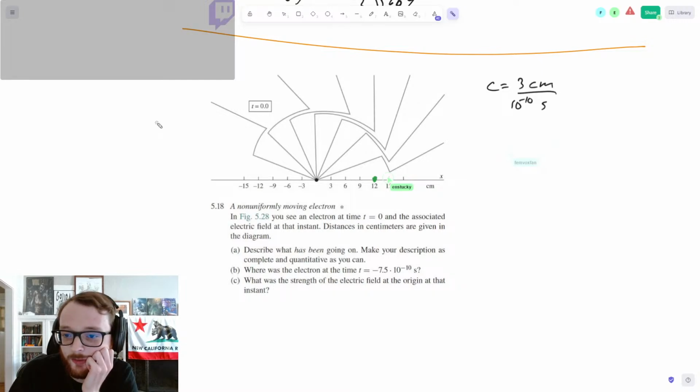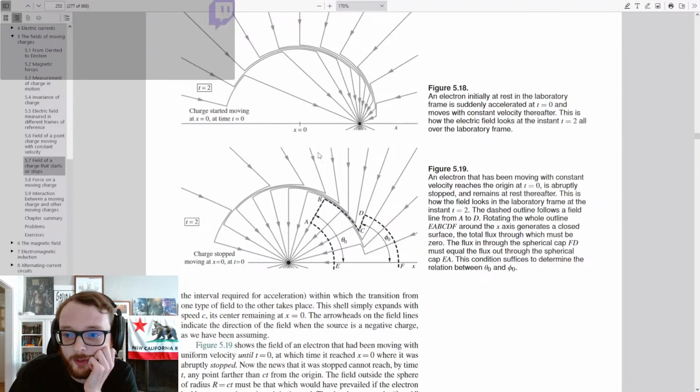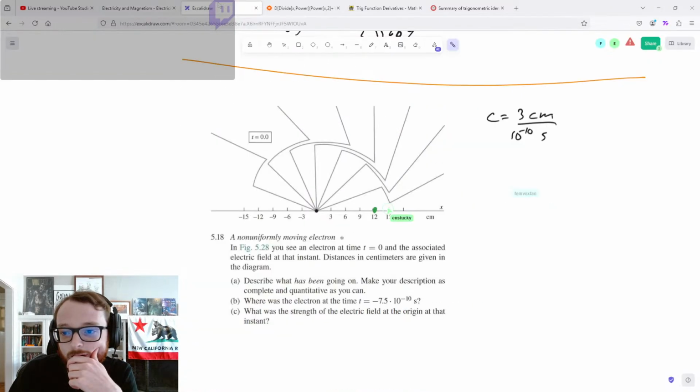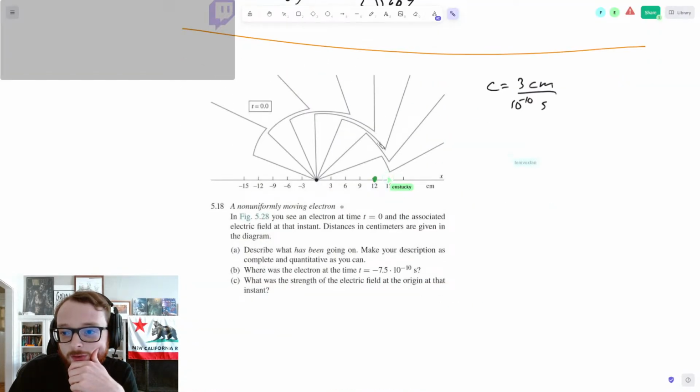These fields are going inside, or towards. Are we raising an electron? They're also using an electron here in the figures. Okay. Since the field lines kind of bunch up on the right side here, it should have been moving towards the right. So how did it suddenly end up at the origin?